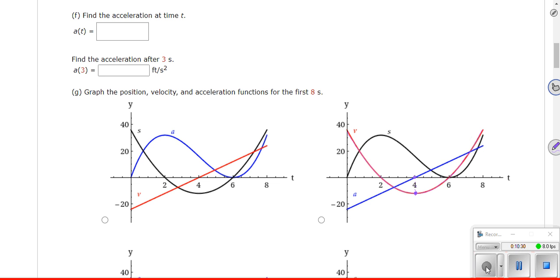Remember, acceleration is the derivative of velocity. So you use the same rationale as you trace the position function and find the first derivative, which is velocity, then as you trace the velocity function and find the first derivative of that, which is acceleration. So I just wanted to remind you of those.